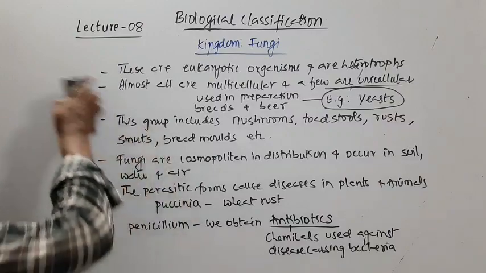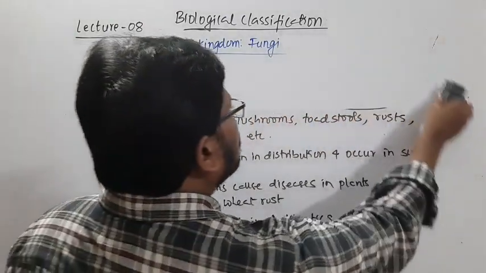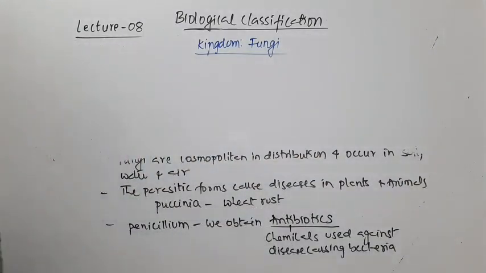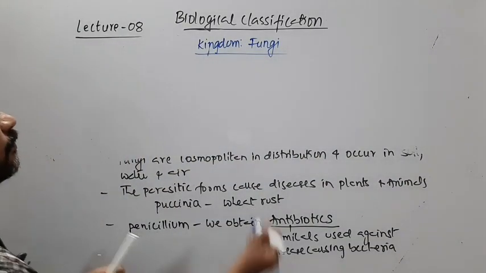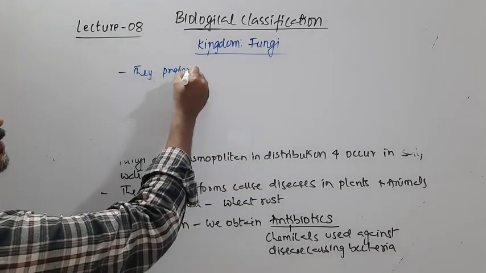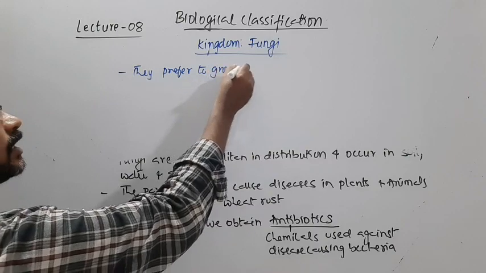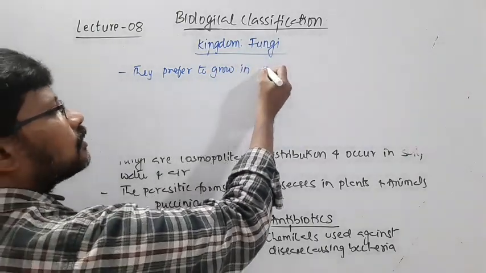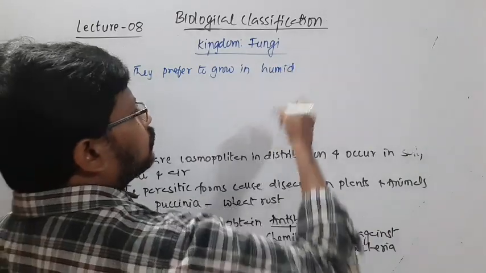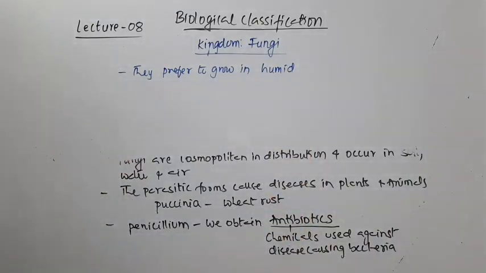Fungi like to grow in warm and moist locations. So they prefer to grow in humid conditions. Humid means there is a lot of moistness, so water vapor present in the atmosphere.